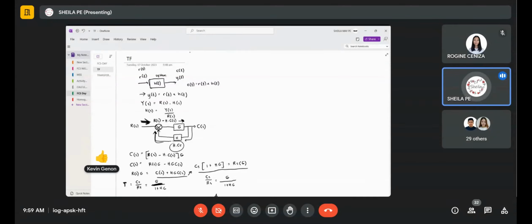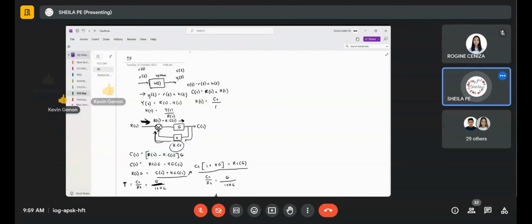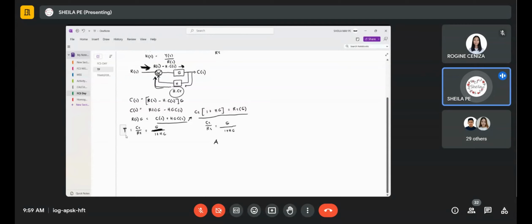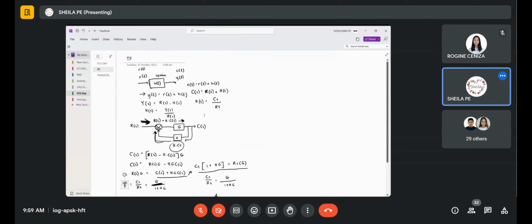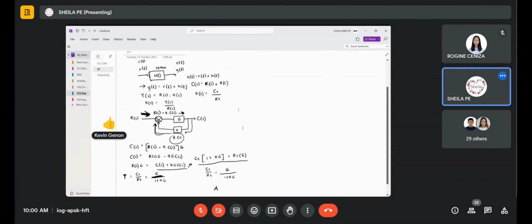So basically we can have C of S equals R of S times our H of S. Getting our H of S, that's CS over RS. It's basically the same here. Here, they just denote letter T, which is the transfer function. From the transfer function name in here, since it is a system, that's H of S. Okay ma'am, thank you.